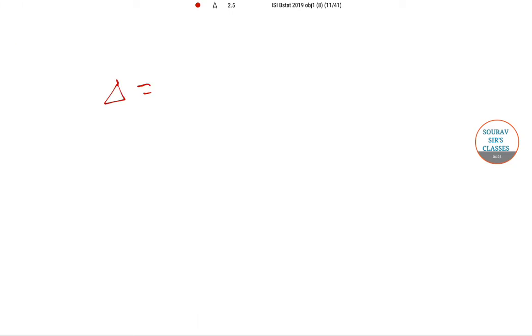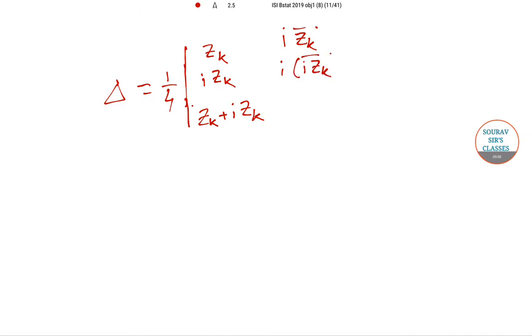Now the area of the triangle is 1/4 modulus of the determinant with first row zk, i zk, zk plus i zk. Second row i zk bar, then i into i zk whole bar, and i into zk plus i zk whole bar.